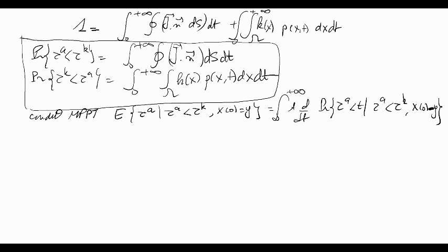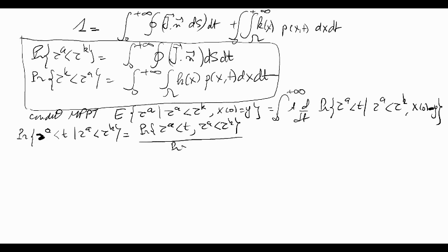Now, this probability of tau_A less than t, conditioned on tau_A less than tau_k, can be written using Bayes' law as the probability of tau_A less than t and tau_A less than tau_k, divided by the probability that tau_A is less than tau_k, which is precisely what we calculated here.